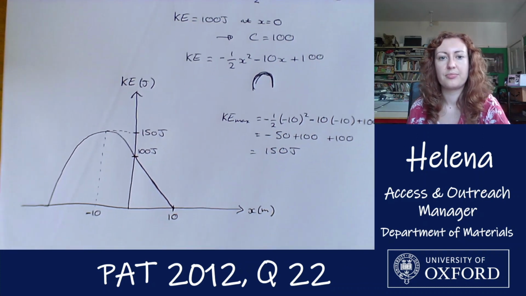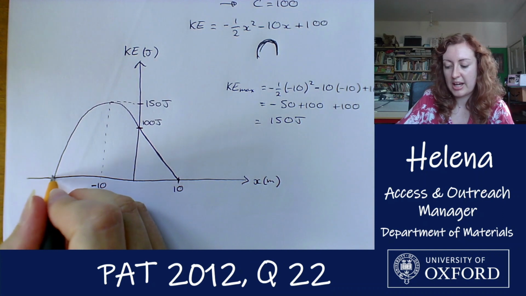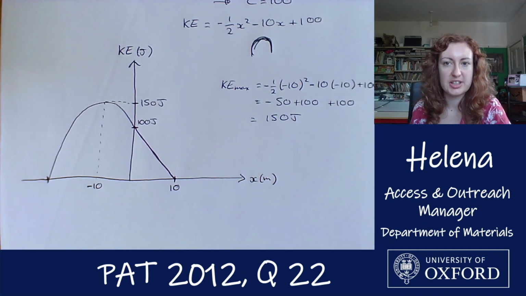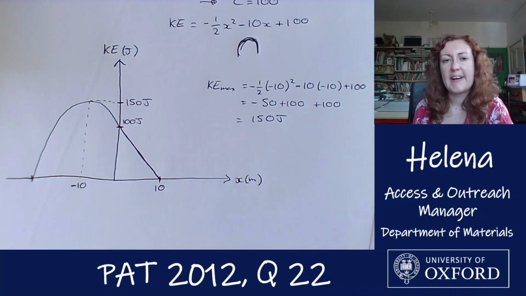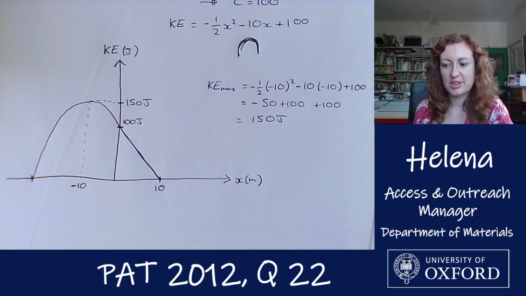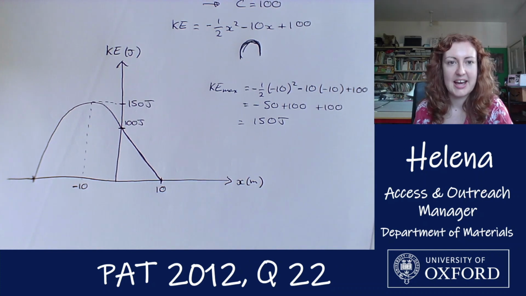You could also go on to work out what this point here is. You'd end up solving a quadratic equation, but I think this is enough for our sketch for this part of the question. Okay, so that's what the kinetic energy of this mass in motion looks like.